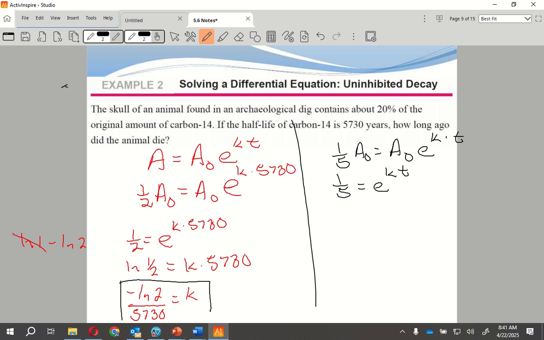If I take the ln of both sides, this becomes negative ln of 5 is equal to kt. And then divide by k.